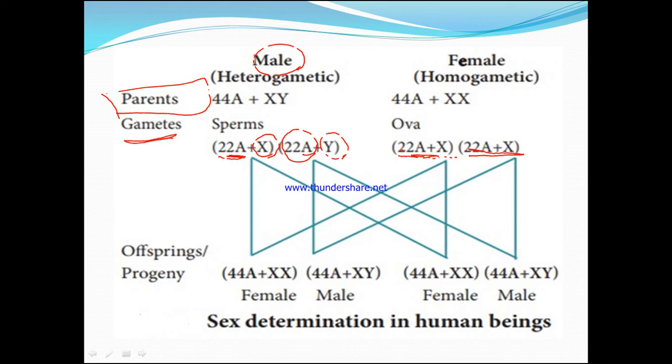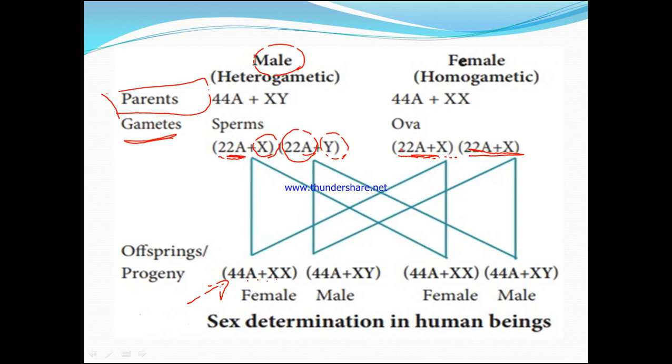After the fertilization process, the zygote formed is 44 autosomes plus X and X, or 44 autosomes plus X and Y type.